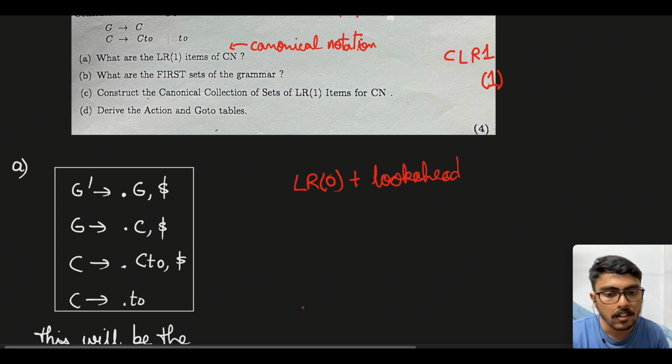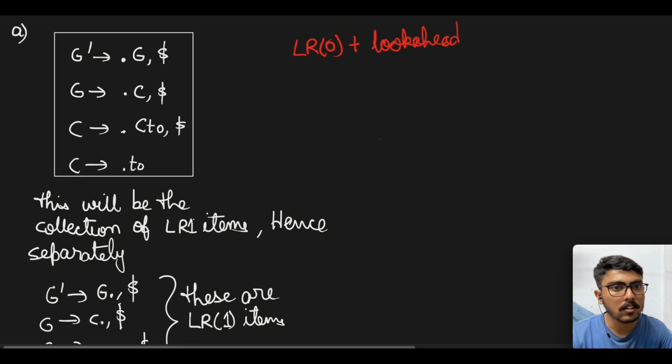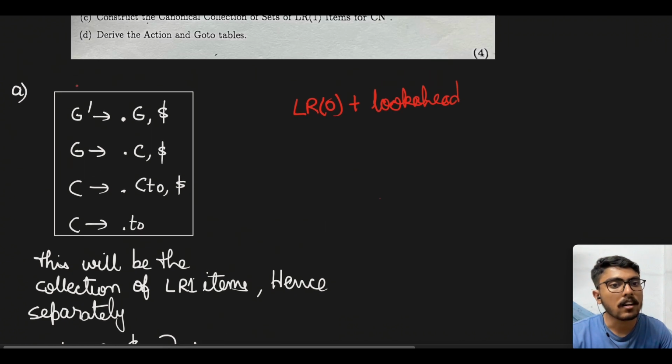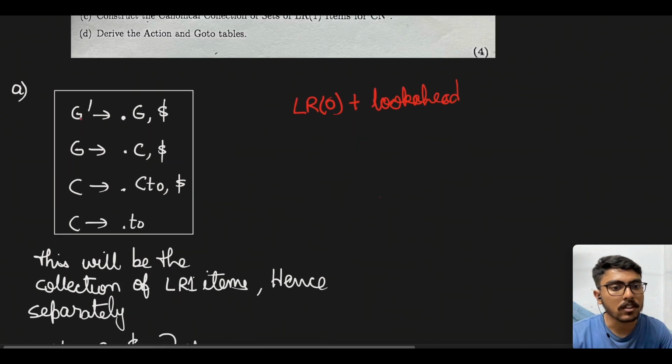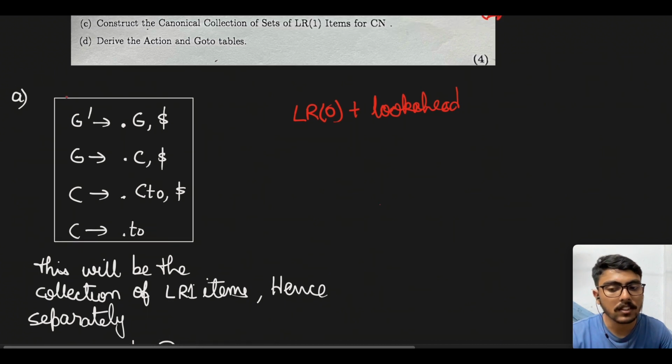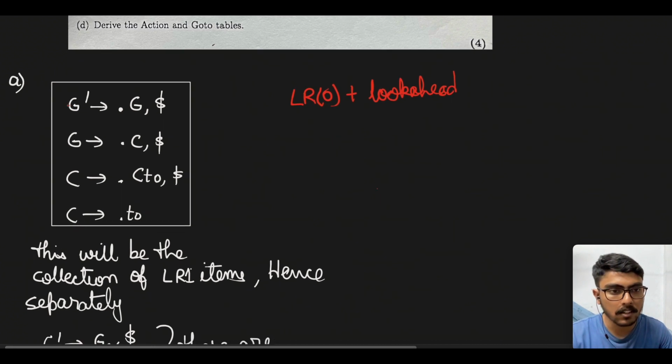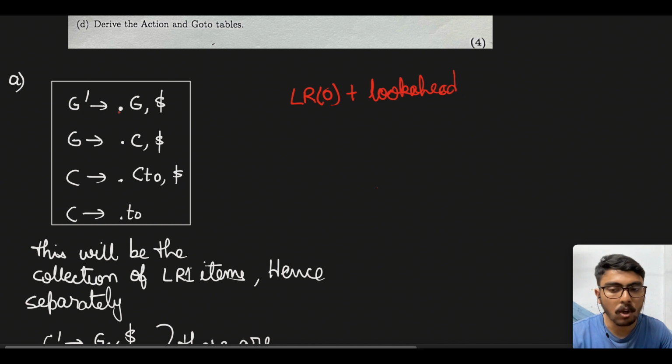Okay. So in this particular grammar, the LR1 items for this are basically, first we need to find the augmented grammar, in which the dot symbol we will use for the current head of the reader of the compiler.